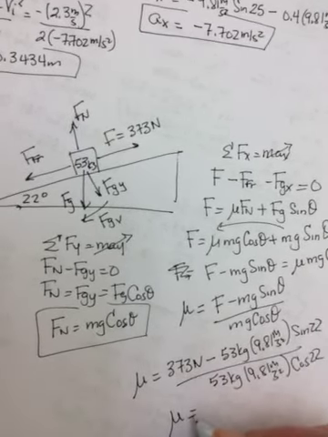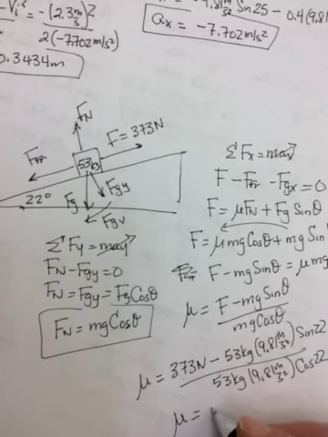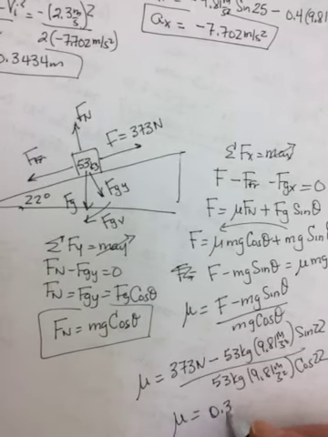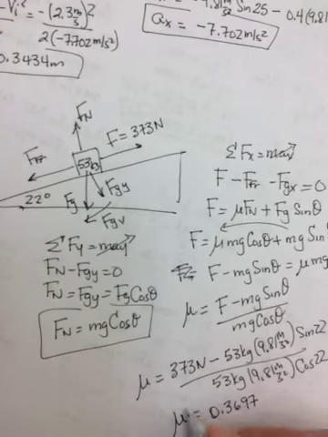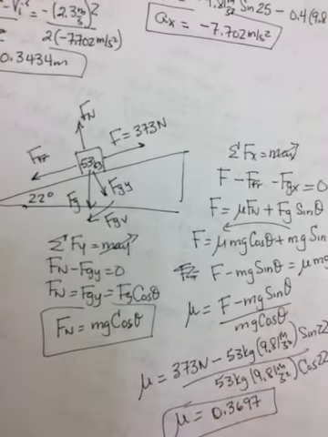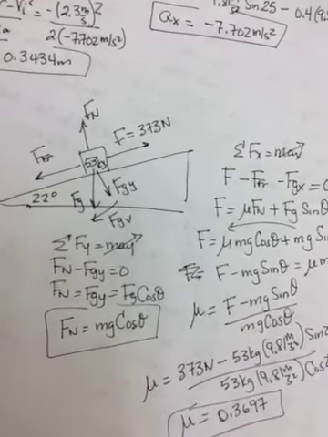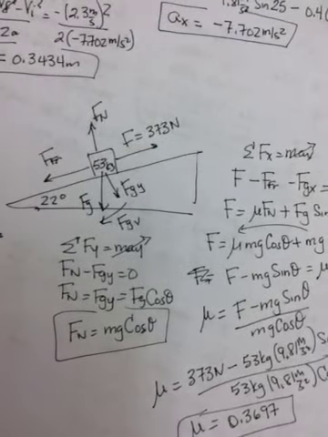Carefully, slowly type this into your calculator, and you should get 0.3697 for your coefficient. Congratulations, your first set of inclined plane questions are done.